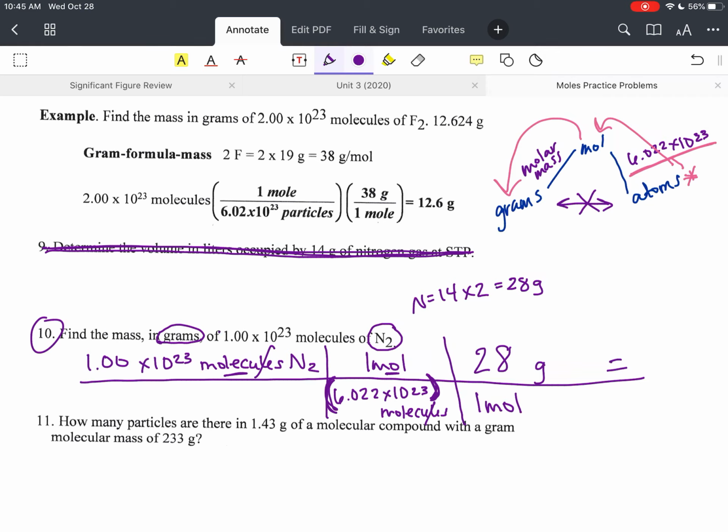Okay, and remember our question has 3 significant figures, so I want my answer to have 3 significant figures. So I get 4.65. Remember, I have grams because my molecules I've canceled, my moles have canceled, and I'm left with grams of nitrogen.